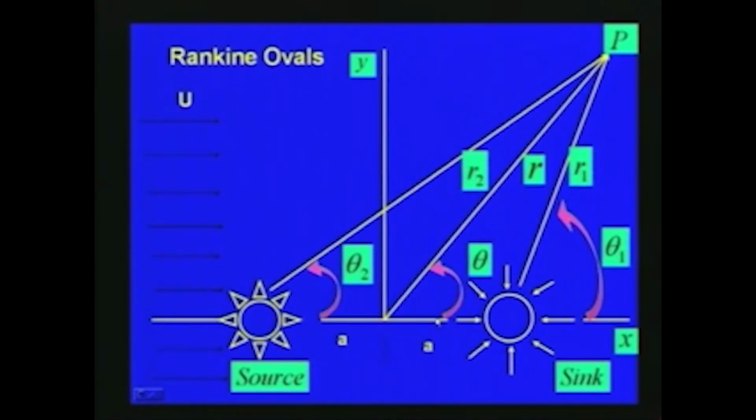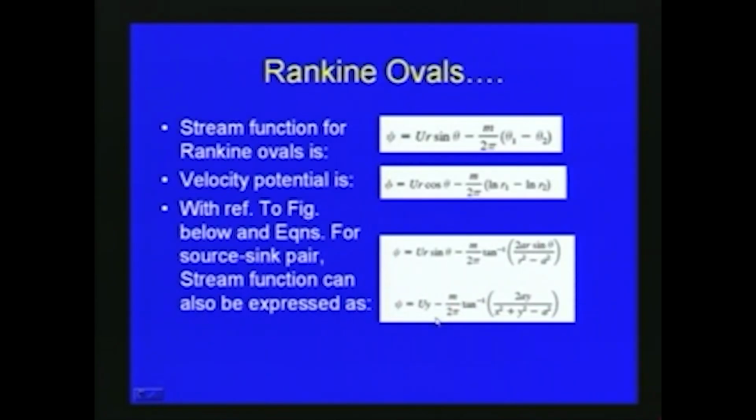Finally, if we represent r sin theta as y, psi is equal to u y minus m by 2 pi tan inverse of 2 a y by x square plus y square minus a square. This is in the Cartesian coordinate system, and the earlier one is in the polar coordinate system.